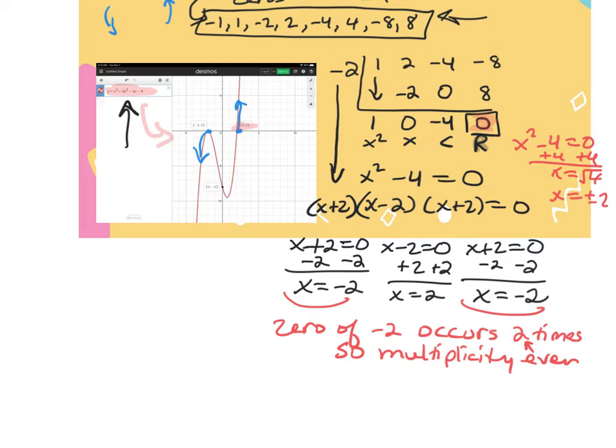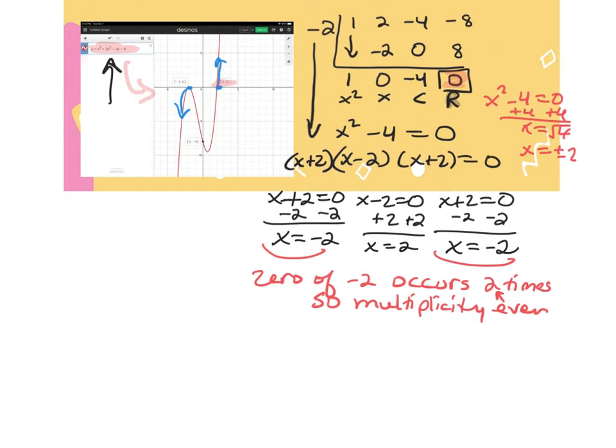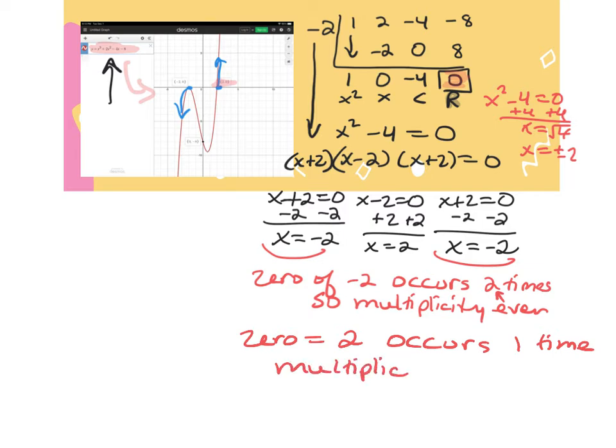Okay. So -2 has a multiplicity that's even because I have 2 of them. But then the 0 that equals +2, this one only occurs 1 time. 1 is an odd number, so this multiplicity is odd.